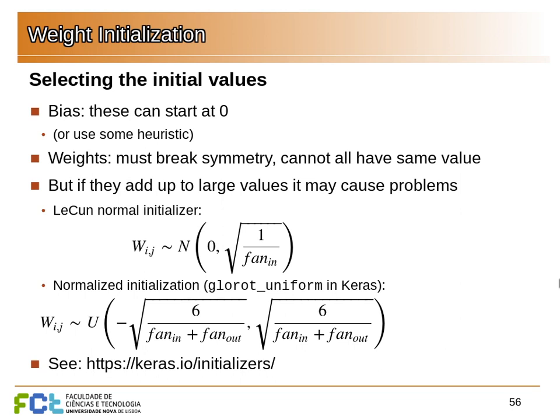So the larger the number of inputs this neuron is receiving, the closer to 0 will be the initial weights for that neuron. The Glorot uniform initialization, I think this is the default in Keras, uses both the number of neurons that come in and also the number of neurons this neuron will feed into to create a uniform distribution between these extremes.